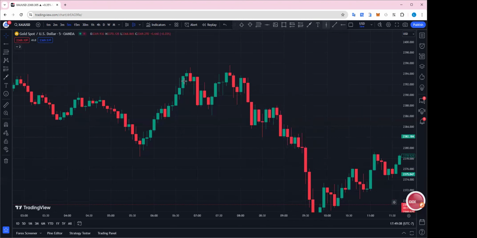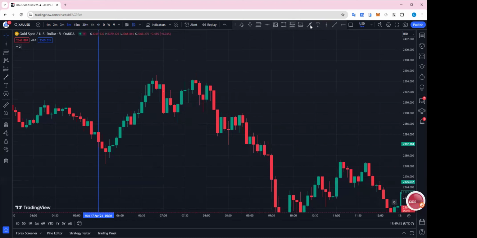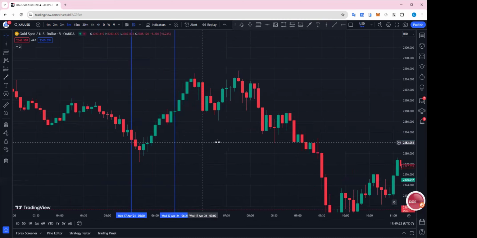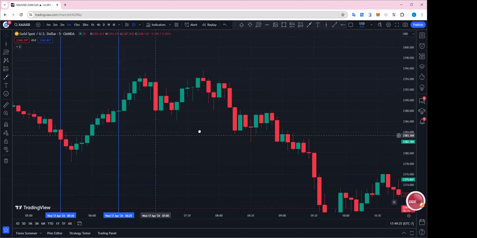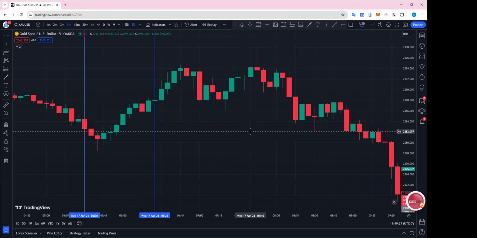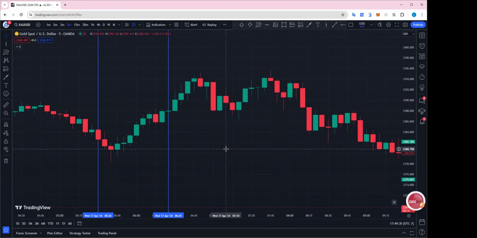New York session, pre-Killzone is from 5:30 LA time to 6:30. But in order to be there, this candle says right here 6:25. You may wonder why he says 6:30, but he selected the 6:25 candle.